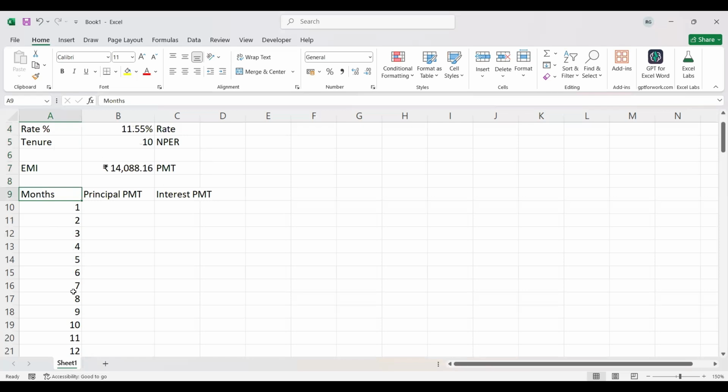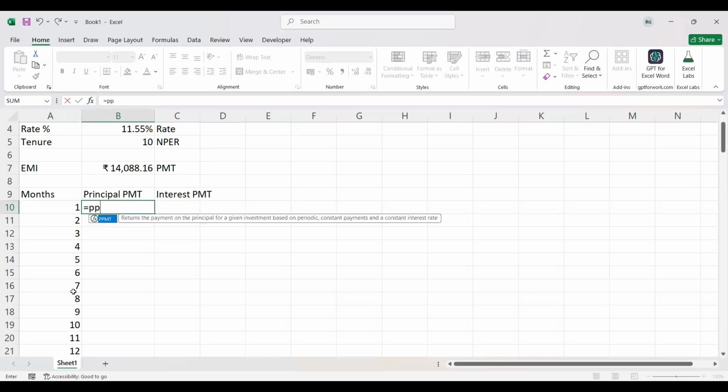Now to get the principal payment and interest payment, we have to use the functions PPMT and IPMT. For getting the principal, I'll use is equal to PPMT, which returns the payment on the principal for a given investment. The rate, of course, is given here, divided by 12. Per is the month, so I'll select the month.